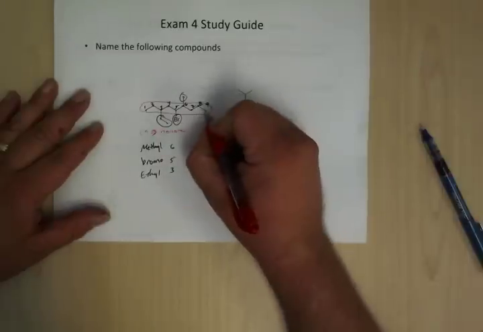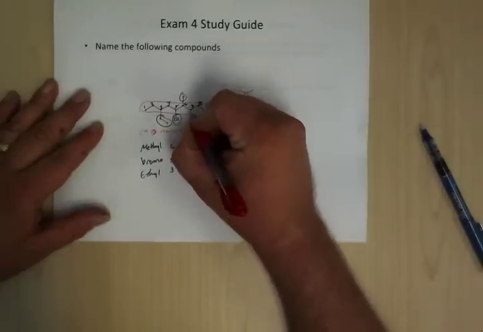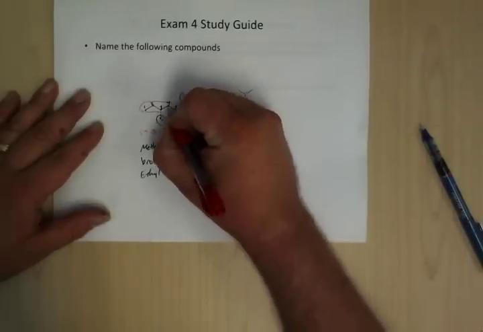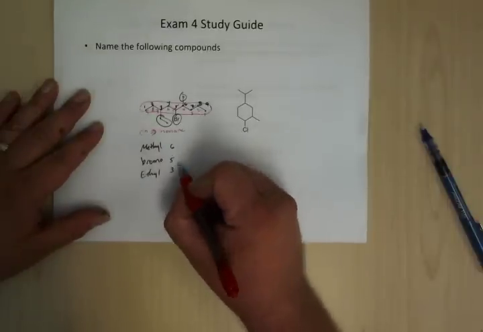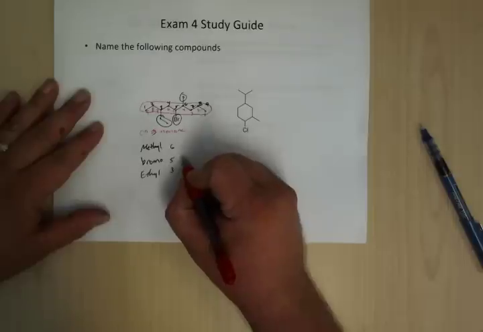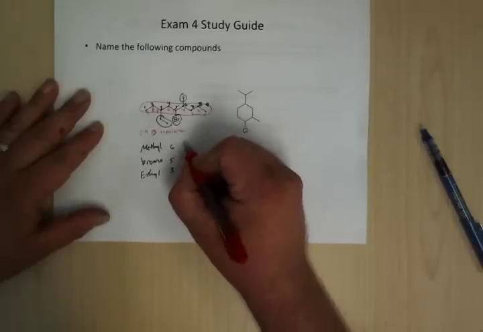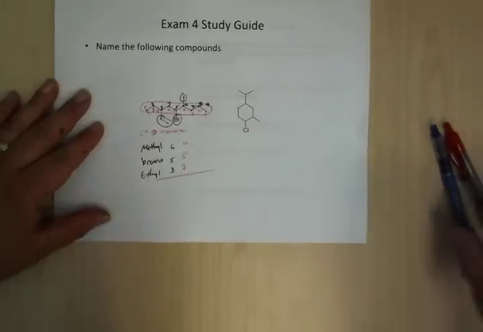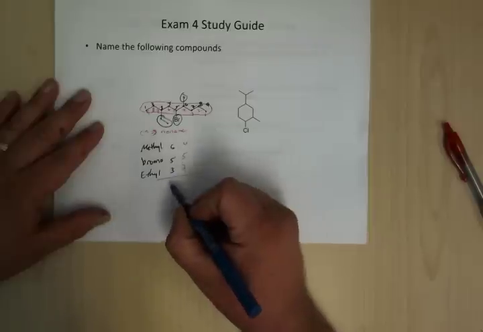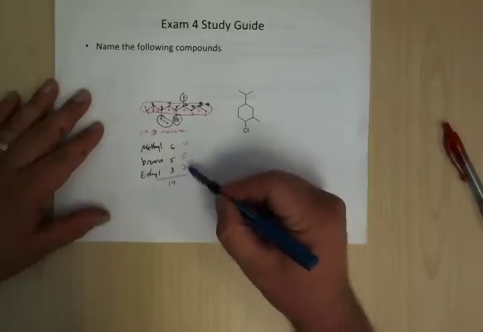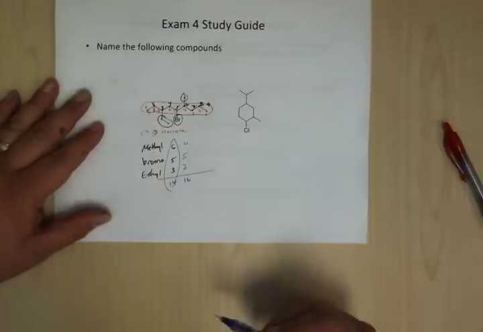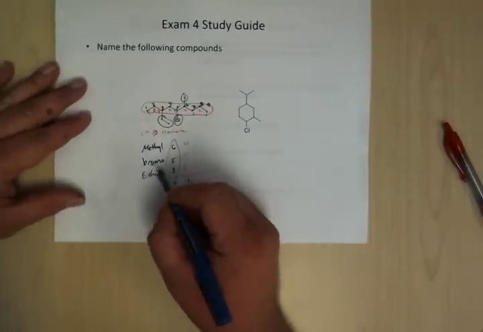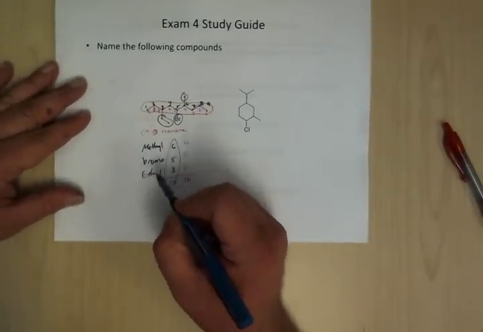But if we do the other way, 1 through 9, that ethyl group would be at 7, this one would be again at 5, this one would be at 4. So we're going to add them up: 14 versus 16. So we're going to use those numberings there.